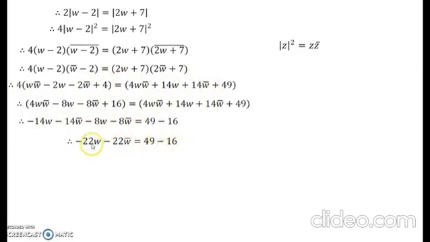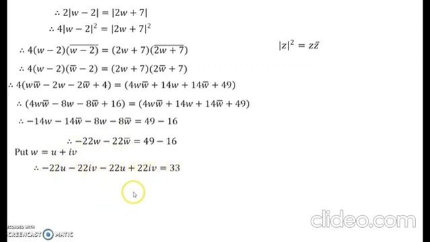Now we know that w = u + iv, as well as w̄ = u − iv. We must replace these in place of w and w̄. We will get −22(u + iv) − 22(u − iv), because w̄ = u − iv, and minus times minus is positive.